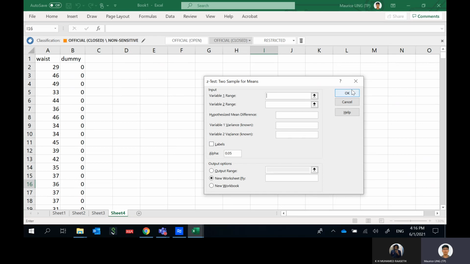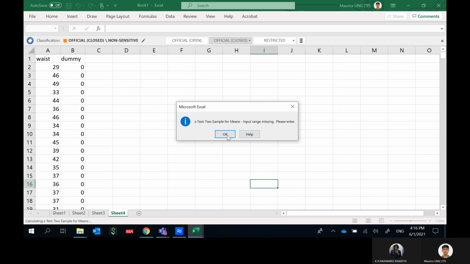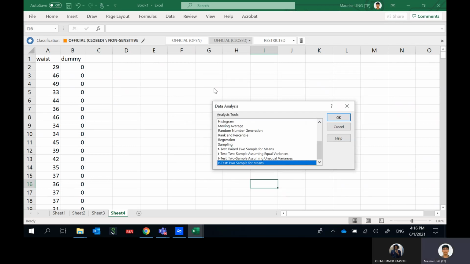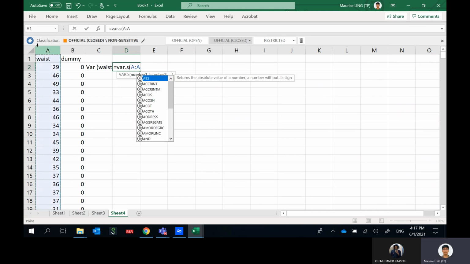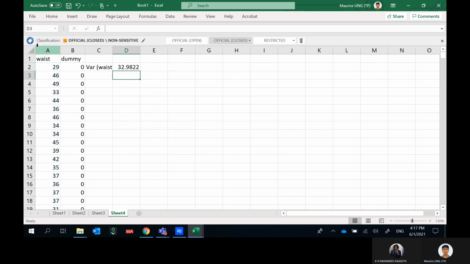So what we need at the moment is that you need to calculate the variance, not the standard deviation. Variance for waste. You can use the variance function. So we are using it to estimate.